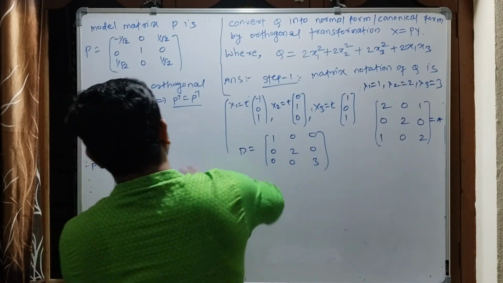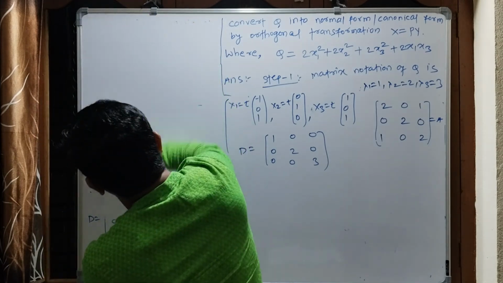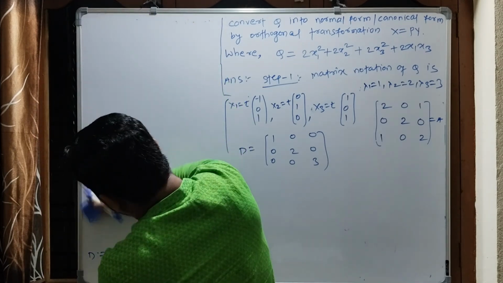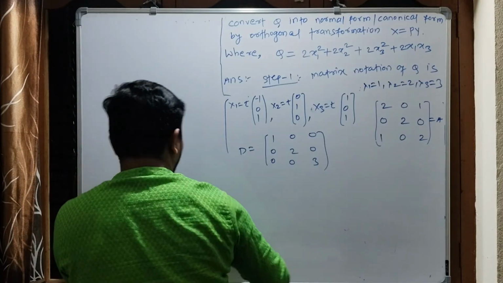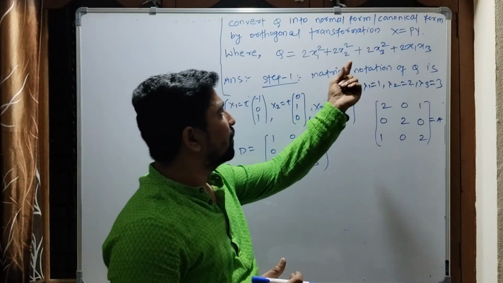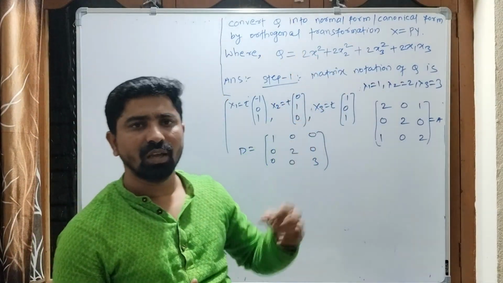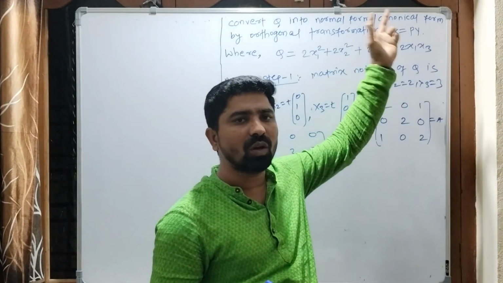Now I want to convert this quadratic form into normal form by using this D and that orthogonal transformation x equal to Py. So here in my working rule I said Q equal to x transpose Ax, use x equal to Py, orthogonal transformation, in your quadratic form.